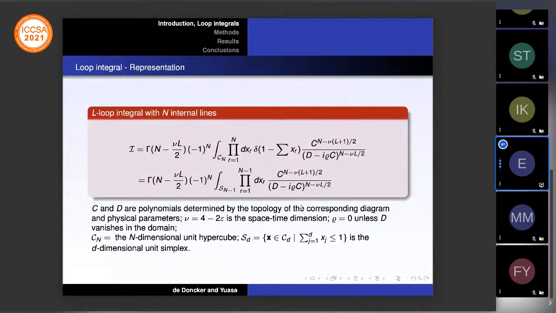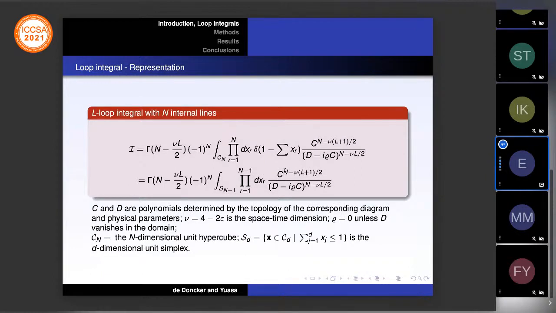Here is an expression for a loop integral in general. The first line expresses the integral over the unit cube in n dimensions, and then that reduces to an integral over an n-1 dimensional simplex.